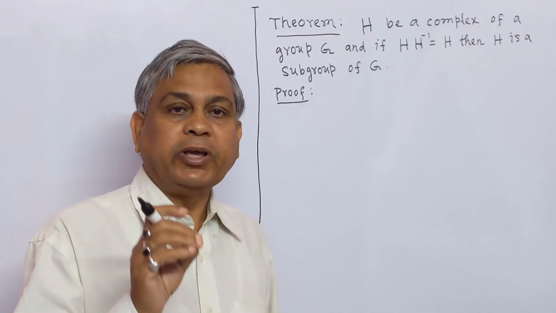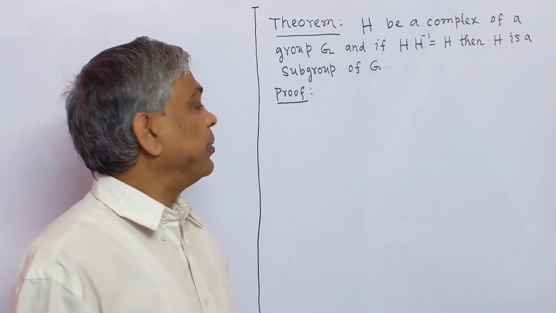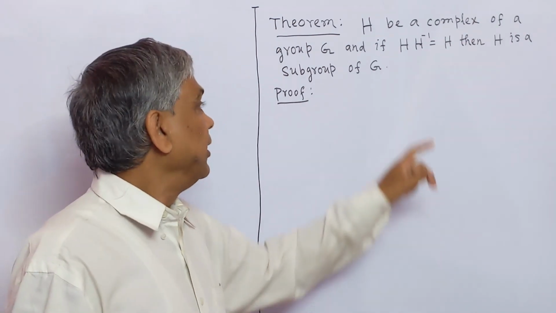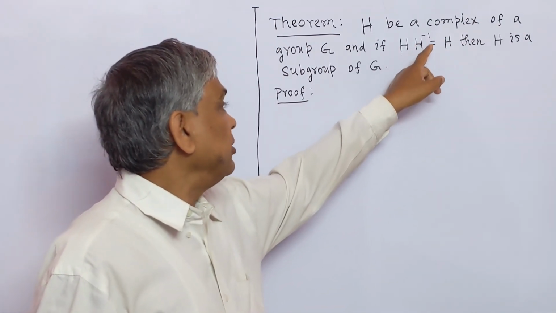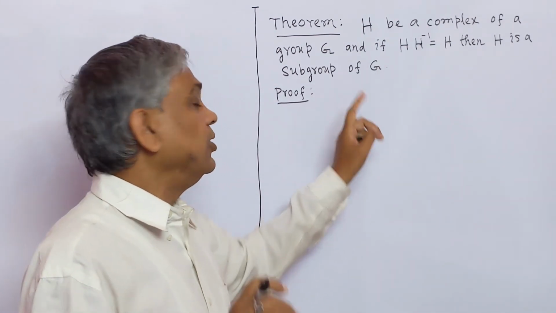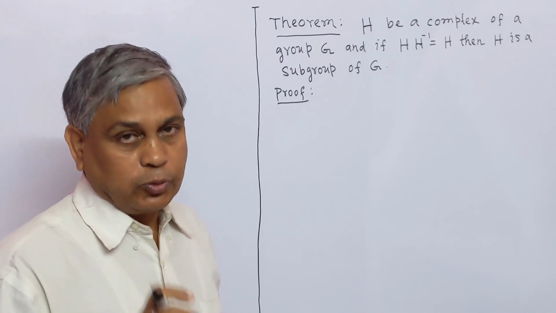Now we prove a theorem. The theorem is: let H be a complex of a group G, and if H inverse equals H, then H is a subgroup of G. Now we prove this.